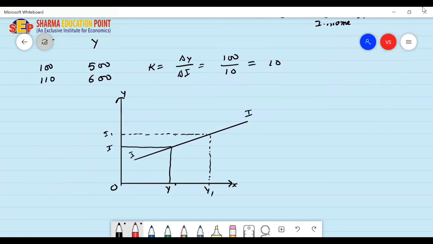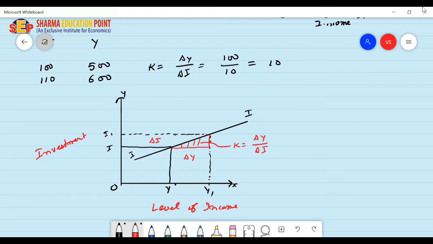Now look, this is delta I and this is delta Y, so the proportion is delta Y upon delta I. Here write investment, here level of income. So this is the way to draw the diagram.